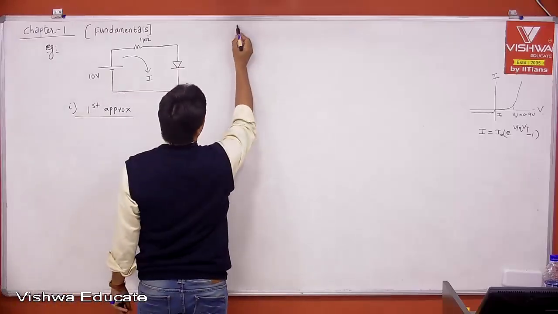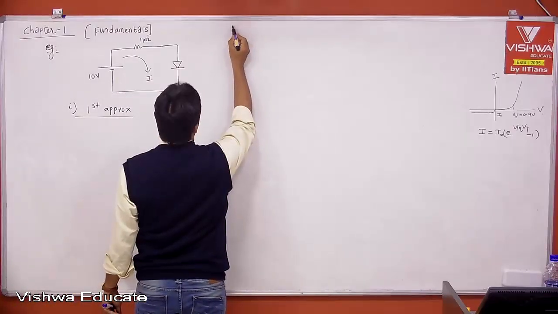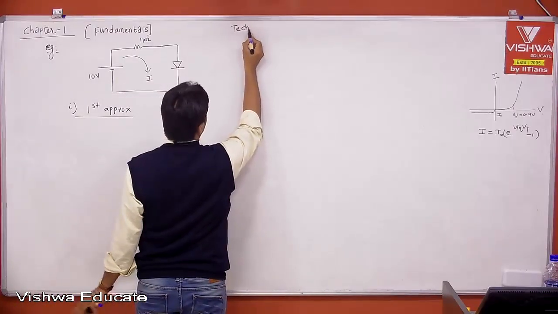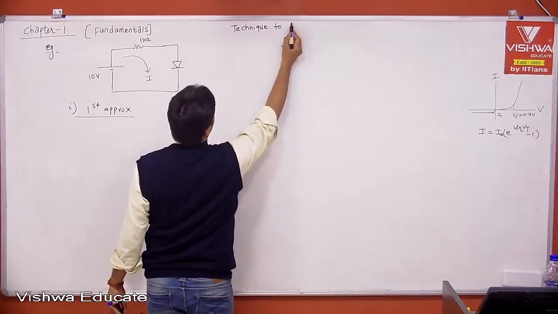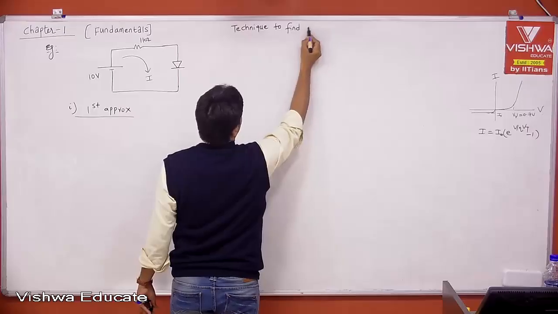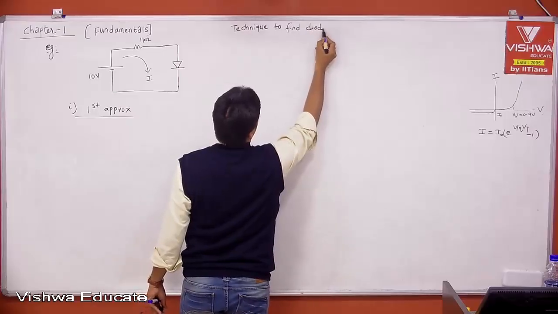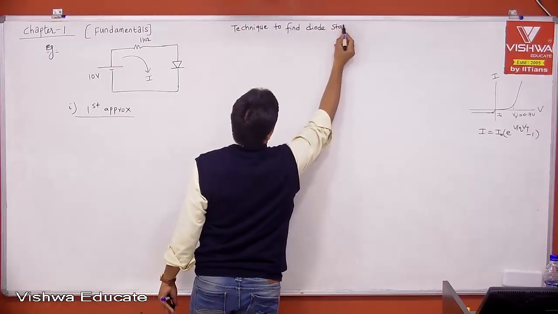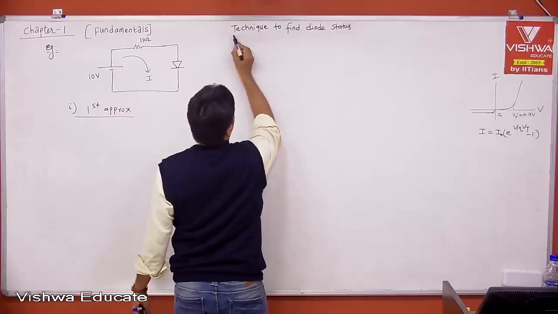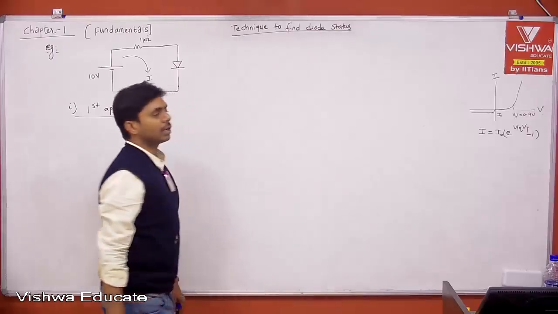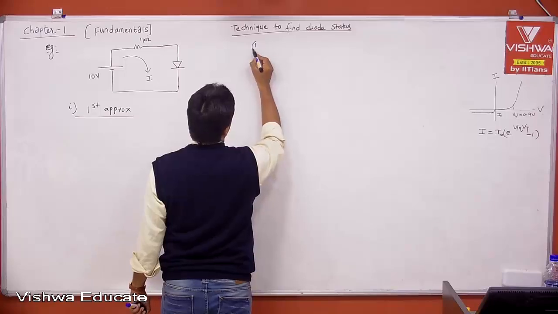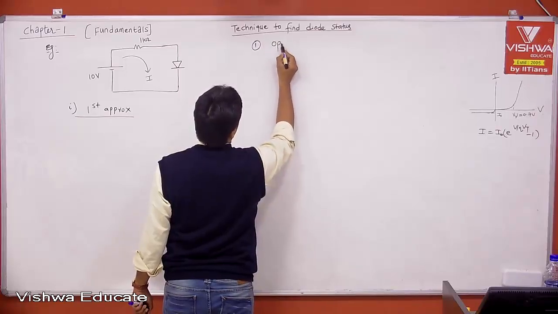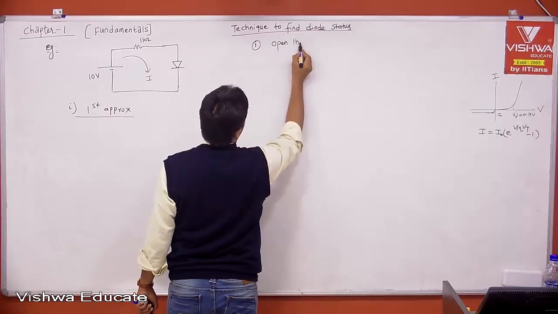You can write down the technique to find the diode status. The technique is to open the diode.